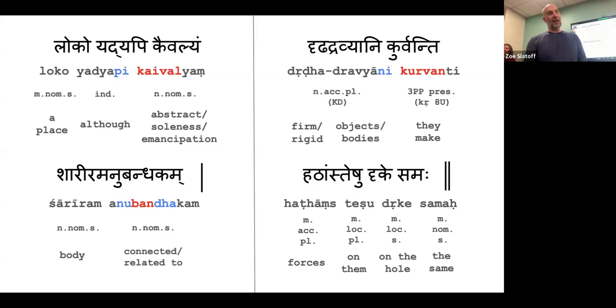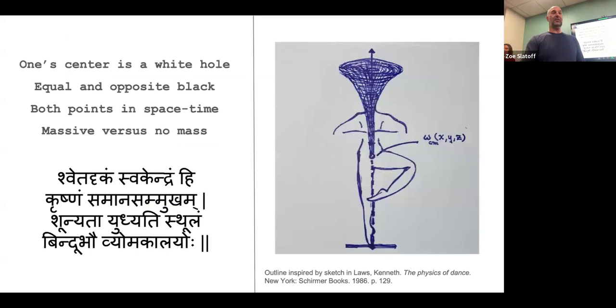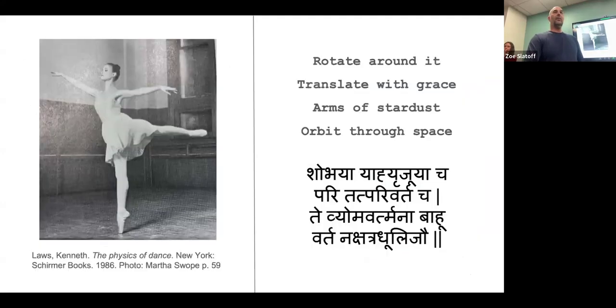Okay, so now I'll just read the poem in English and you can see if you catch any of the concepts in English. So some art that I've added to it. One center is a white hole, equal and opposite black. Both points in space-time, massive versus no mass. Rotate around it, translate with grace.